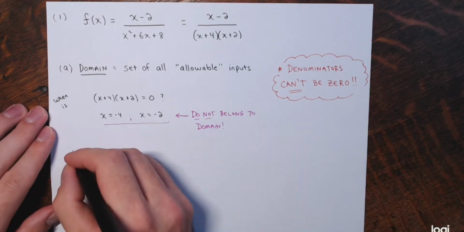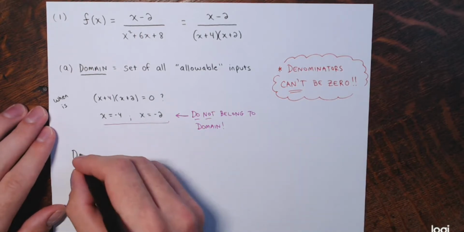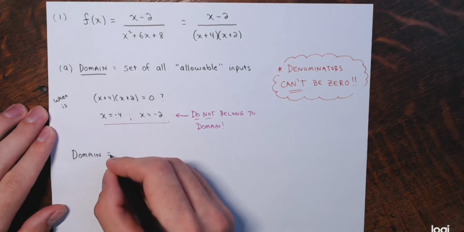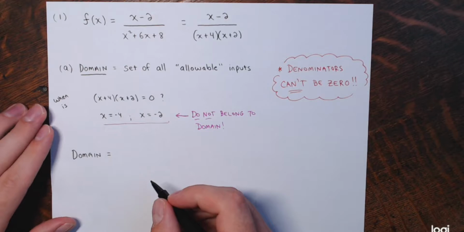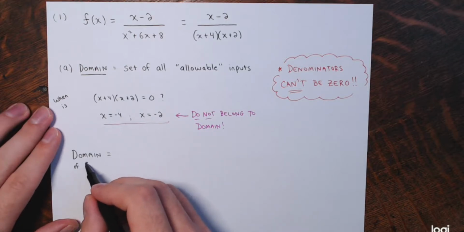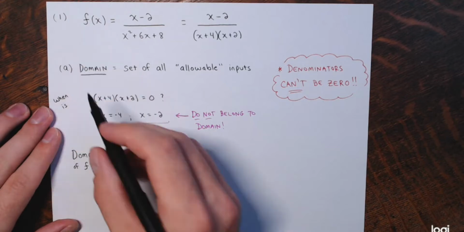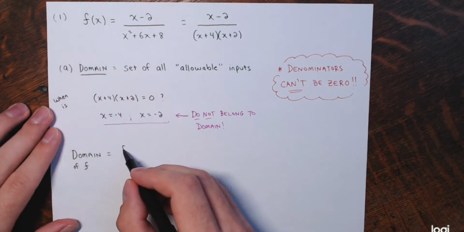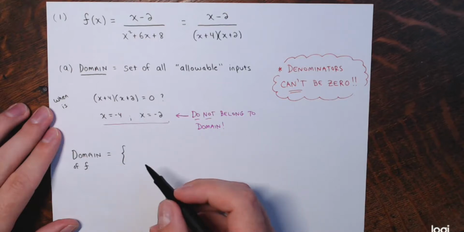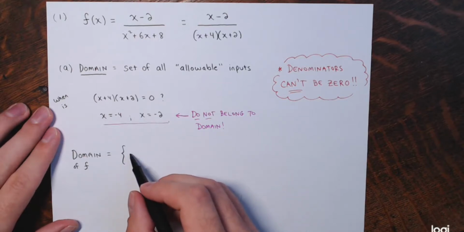Alright, so here are a couple of ways to state the domain of this function. One is in what's called set builder notation. I'll say the domain of f, the name of the function, is, and then I write little curly braces for the beginning of a set. Then we describe the values in the set.